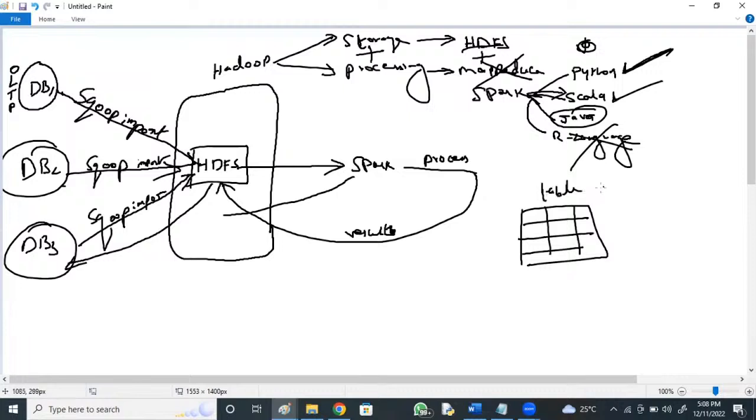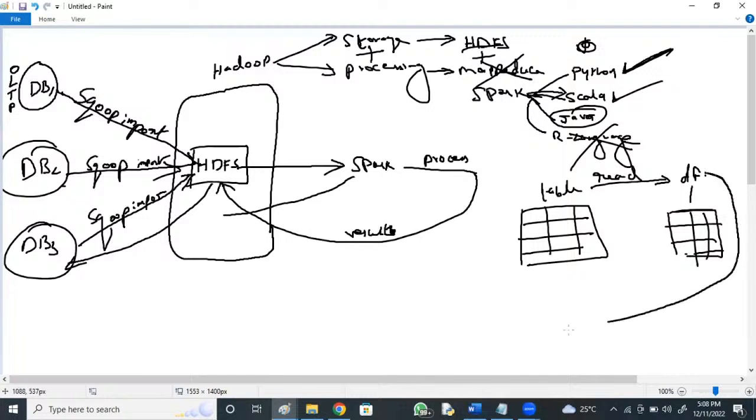Spark reads it and creates a data frame. A data frame is also structured, with rows and columns. Again, if you want to write this data frame into the database, you can write and save it into the database. So you can perform all of this using Spark.